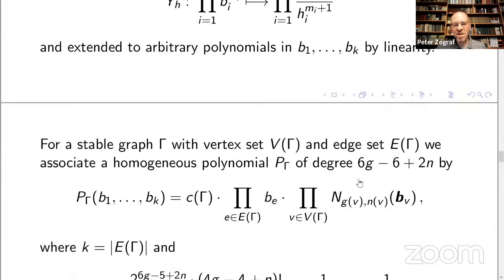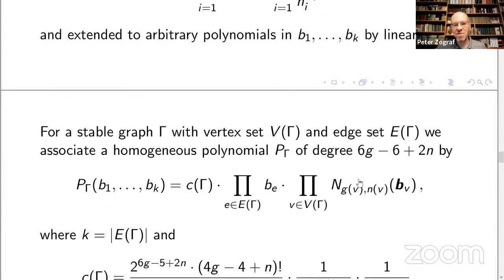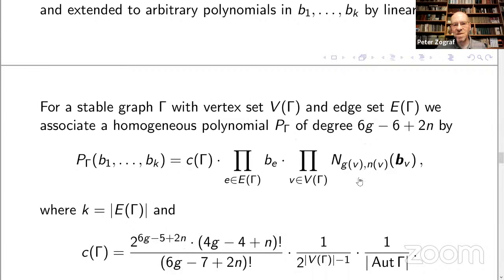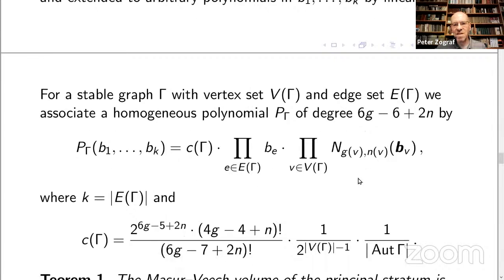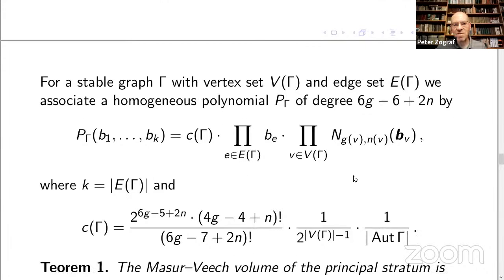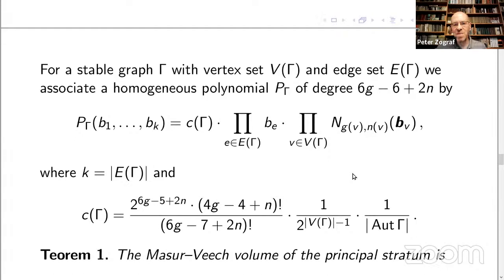For a stable graph gamma with vertex set V of gamma and edge set E of gamma, associate a homogeneous polynomial P_gamma of degree 6g minus 6 plus 2n by this formula.